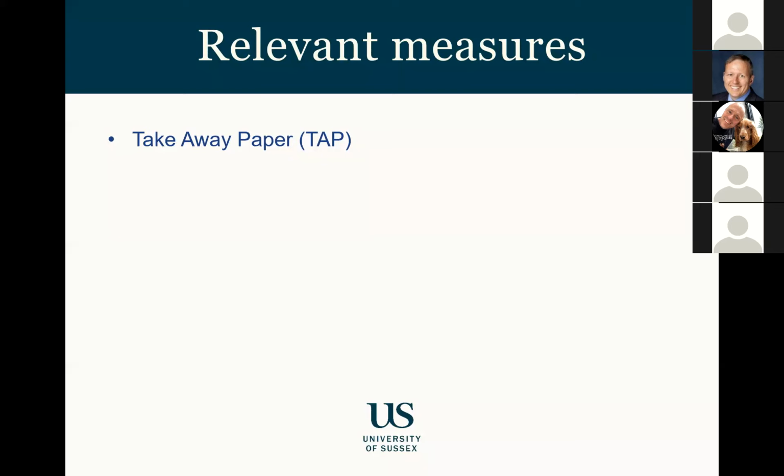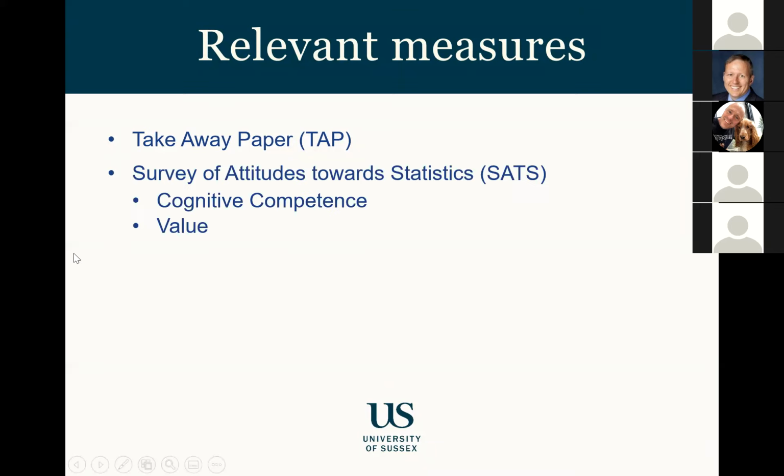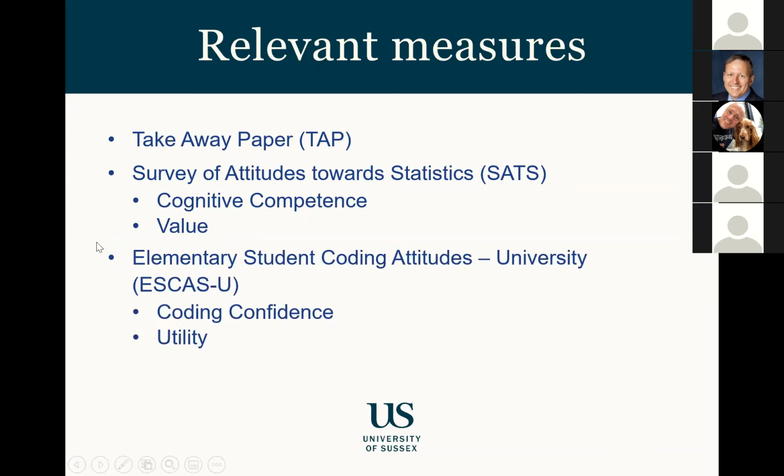The other measures we've used in this analysis are first the SATs, which is from the Survey of Attitudes Towards Statistics. We have chosen to include the cognitive competence subscale and the value subscale. You've heard before why these two measures are important and do relate to attainment. Further, we've also included the SCAS-U, which is derived from the Elementary Student Coding Attitude Survey.